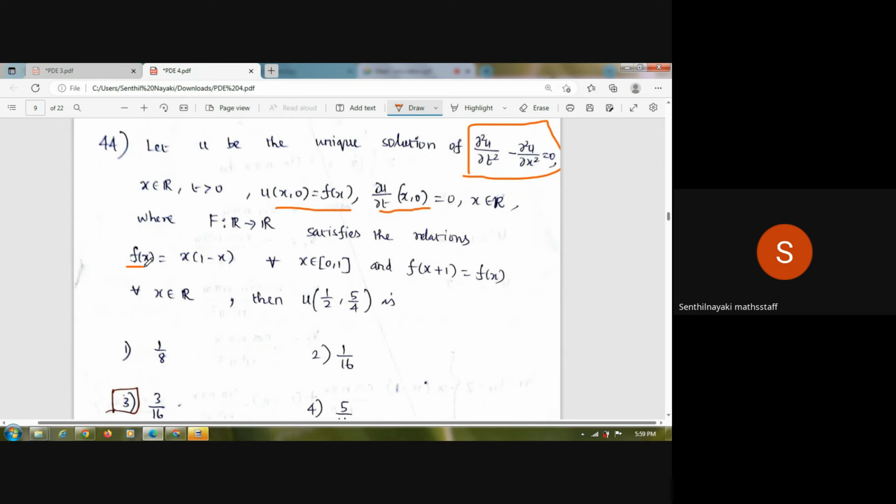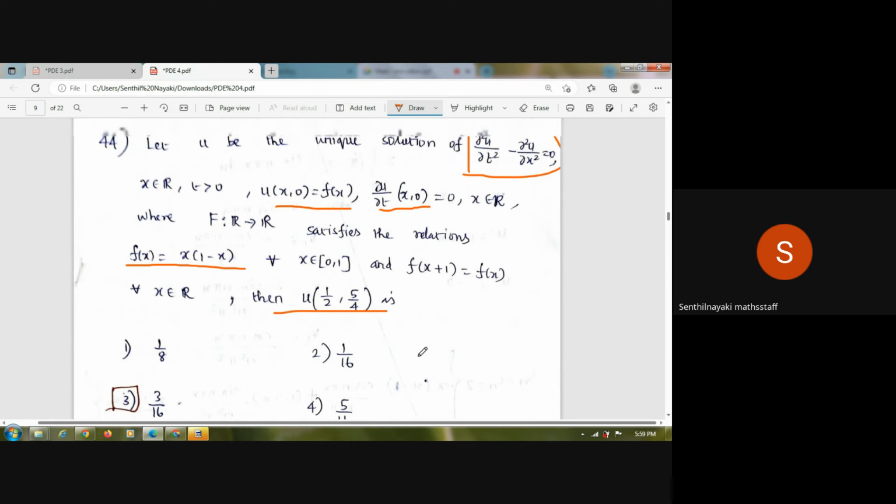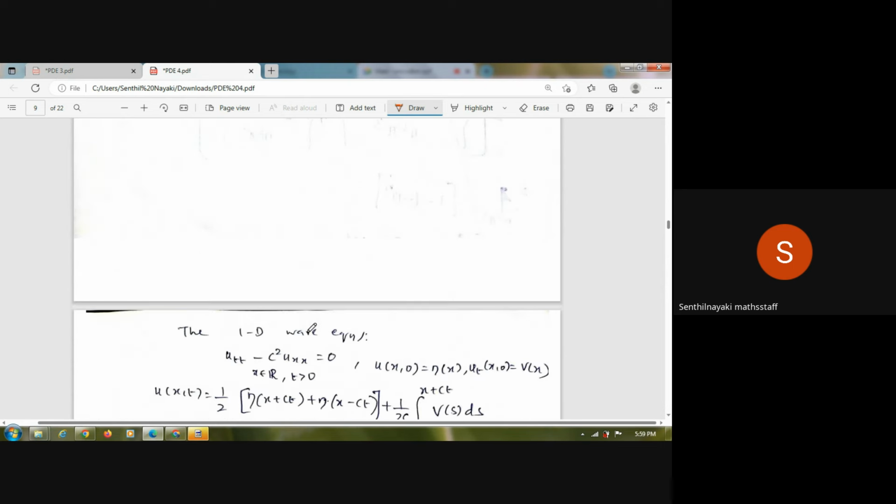It satisfies the relation f of x equal to x into 1 minus x. Moreover, f of x plus 1 equal to f of x. Then we have to find out u of 1 by 2 comma pi by 4. There are 4 options: first 1 by 8, 1 by 16, 3 by 16, 5 by 16. We have to find out the solution. How can we find out the solution?